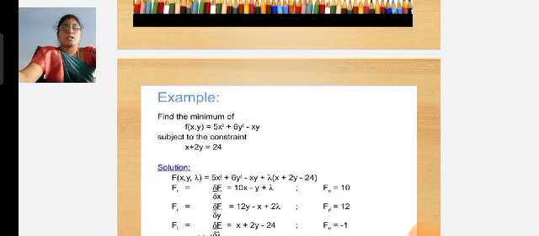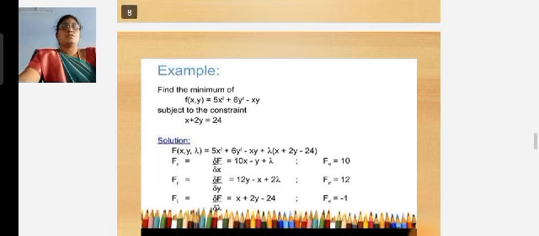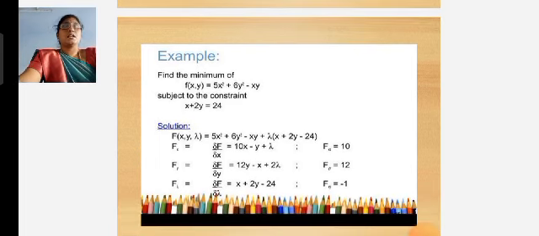Now let us see an example: find the maximum or minimum of f of x comma y equal to 5x squared plus 6y squared minus xy, subject to the constraint x plus 2y equal to 24. First we write the function F of x comma y comma lambda equal to 5x squared plus 6y squared minus xy plus lambda into x plus 2y minus 24.